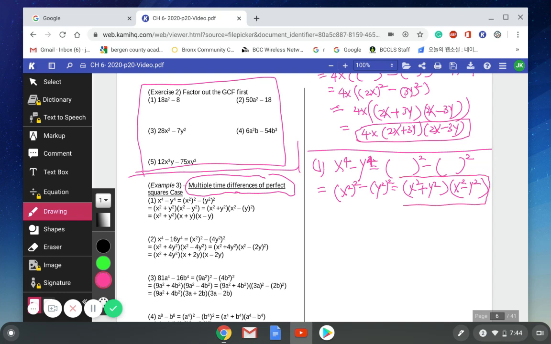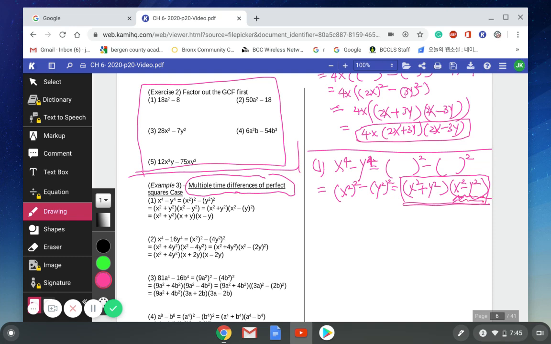So we finished the perfect square format into a product of 2 in terms of quantity. But if you look at your answer, the second one, x² minus y², because this special polynomial only works with a minus between two perfect squares, you realize that this is another difference between perfect squares.